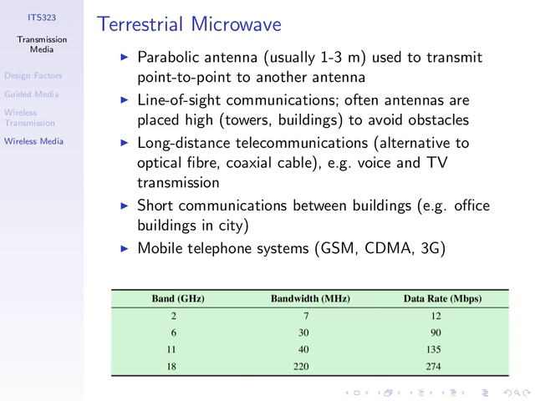We can usually talk about a center frequency and have some bandwidth. So in fact, our signal has a frequency and a bandwidth. At a frequency of around 2 gigahertz, if we use a bandwidth of around 7 megahertz, then we're talking about data rates of around 12 megabits per second.